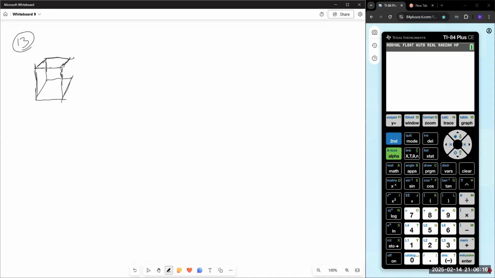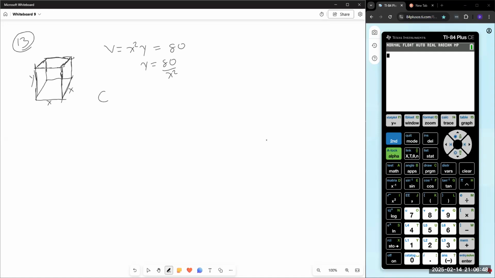So the square base is going to be x by x, and I'll call the height y, making my volume equal to x squared times y, and that needs to be equal to 80. So y is going to be equal to 80 over x squared.